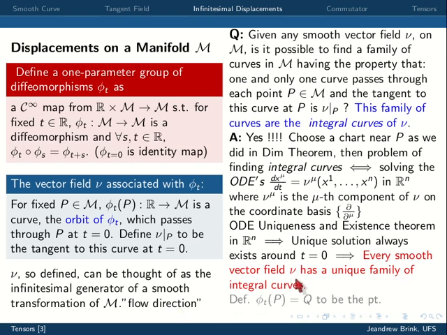And what we can then do is define phi of t of p equals q to be the point lying at parameter t along this curve. So the basic takeaway is that there is a one-to-one relationship between your vector field and the curves it describes. If we're given a vector field, the way we find the curves is we simply solve these component equations, which is the same as solving an ODE.